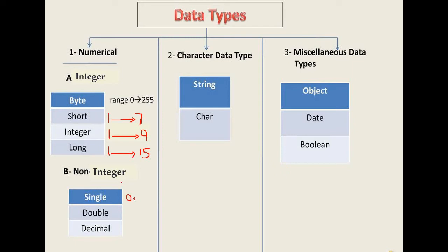For the single non-integer data type, the user should only enter from 1 digit up to 7 digits, but after the decimal point, because they are decimal or non-integer. For the double, the user should enter from 1 digit up to about 9 digits. These are the only available digits that should be entered by the user.